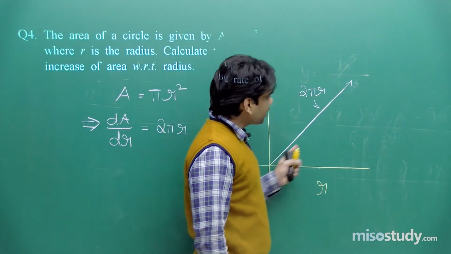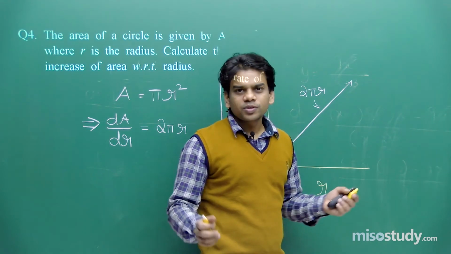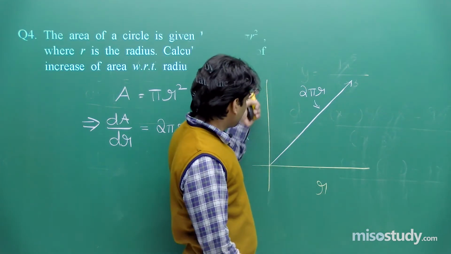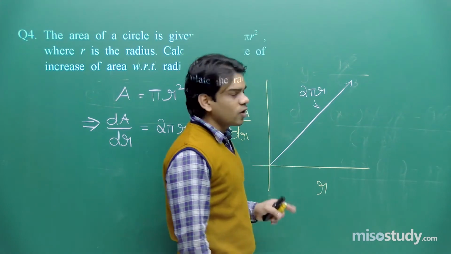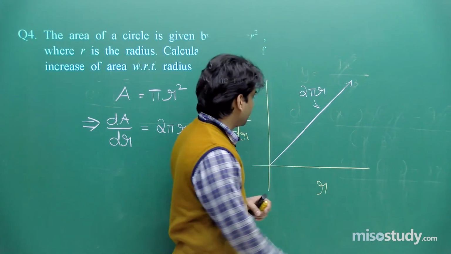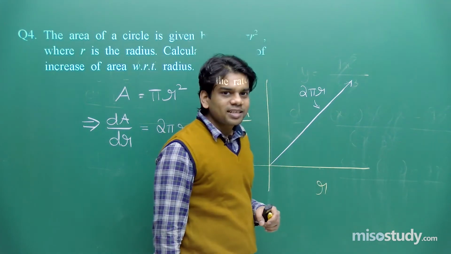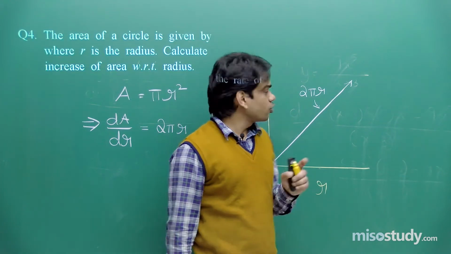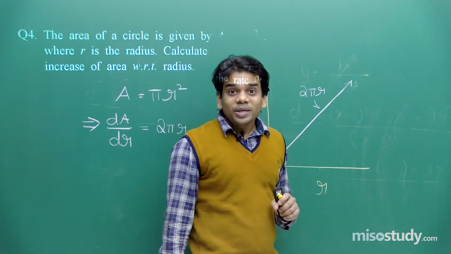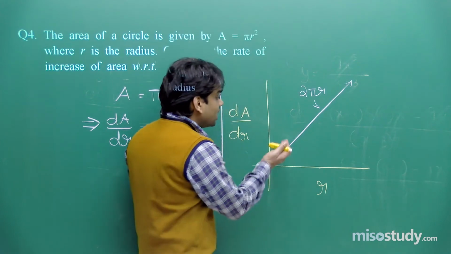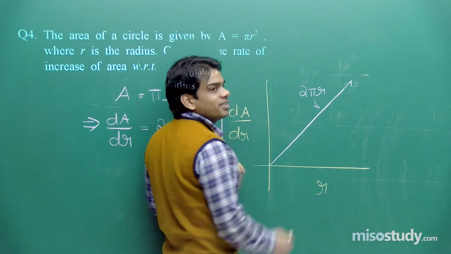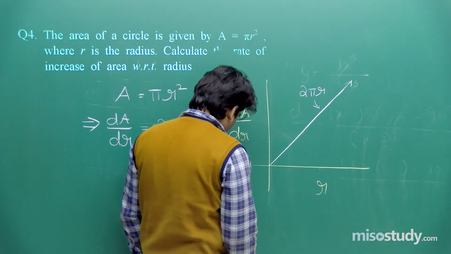There is no C part, no intercept, this line is meeting the y axis at 0. So I have not drawn any constant that it is cutting with the y axis. So it's a straight line, and that means dA by dr will linearly increase as r increases. It's linearly dependent on r.